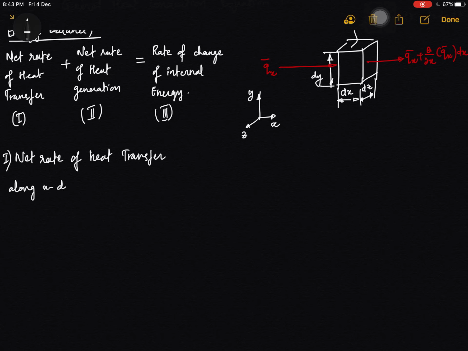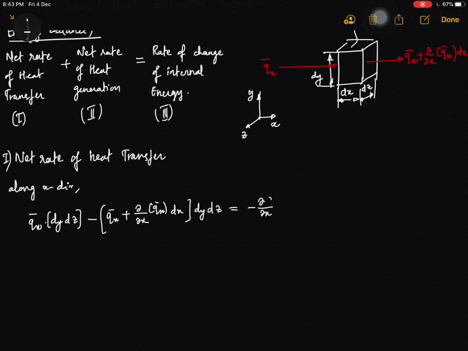Along the x direction, a heat flux qx bar is entering, which is positive, and qx bar into dy into dz, which is the area, together gives the rate of heat transfer, and minus qx bar plus dou by dou x of qx bar into dx, which is the heat flux leaving this element, into dy into dz, the area through which this heat flux is occurring.